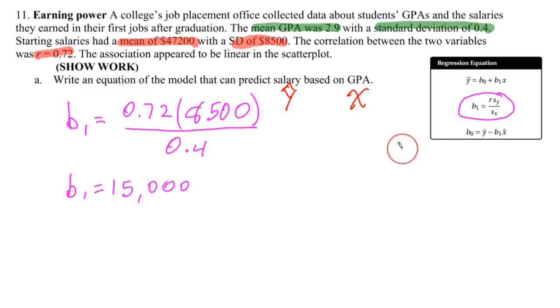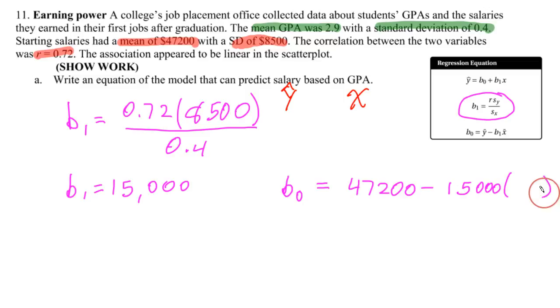Now, finding B0, for B0, it's y bar. If I look for the average of the salaries, my mean of the salaries was 47,200, and I'm going to subtract from it B1. Well, B1 is what we just found, that's 15,000 times x bar.